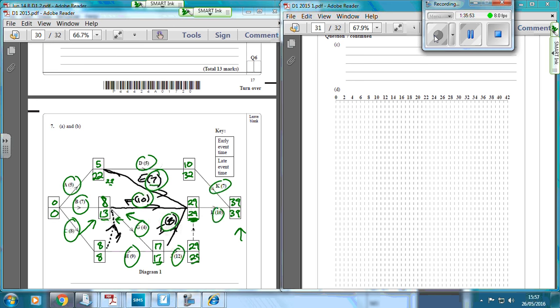What we're going to do is have our 3 minimum workers: worker 1 goes here, worker 2 goes here, worker 3 goes here.